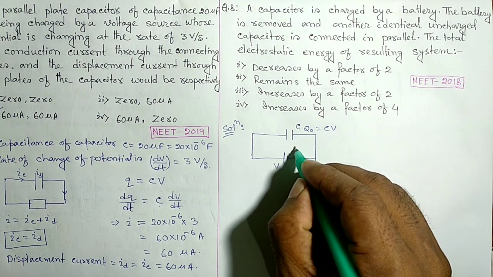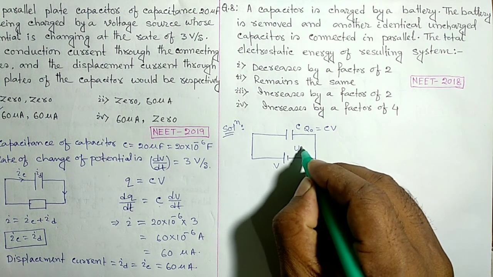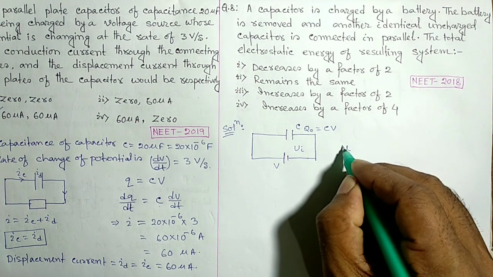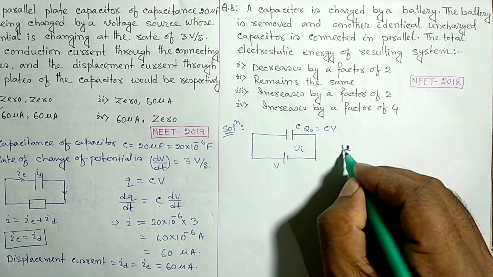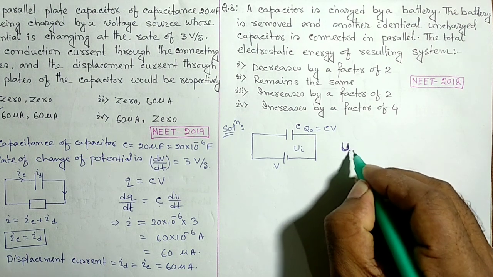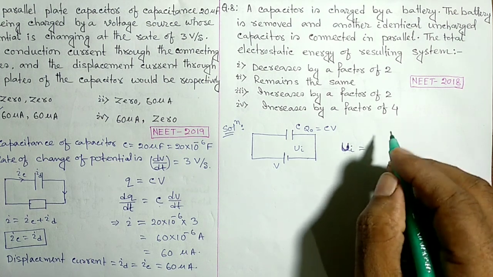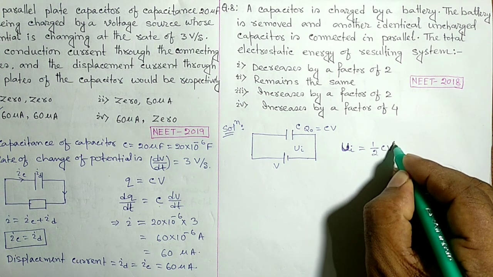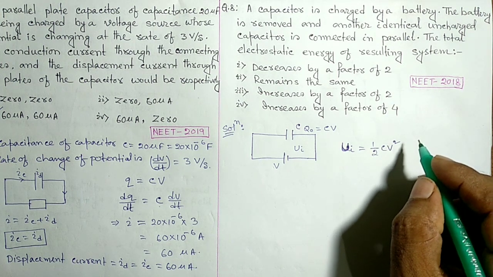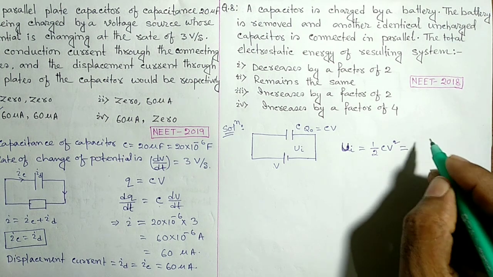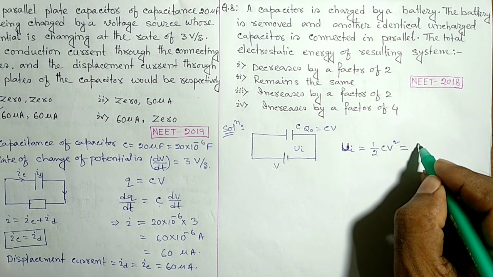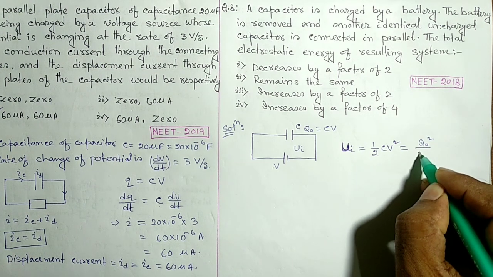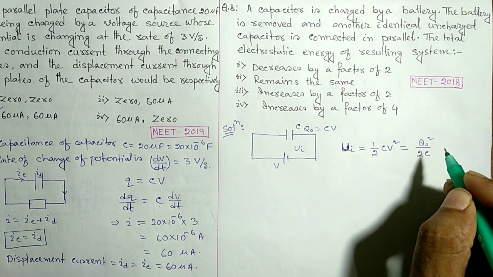Now the initial energy, considered as UI, is equal to half C V square, which equals Q naught square divided by 2C.